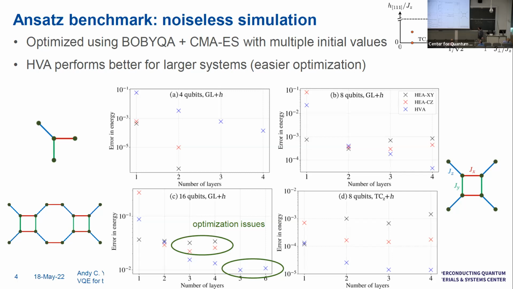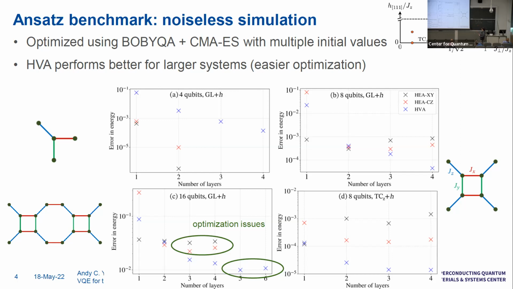So you can see, except for the top left figure, that is a very simple example. So that's probably too simple to actually tell how well the HVA actually does. But if you look at the other examples, we have the two 8 qubit ones and the 16 qubit one.